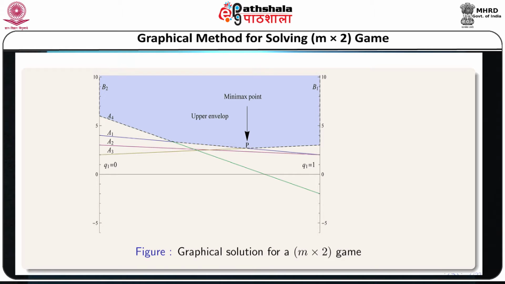The figure shows the shaded region in which the minimax point is the lowest point of the upper envelope, and this minimax point lies at the intersection of line segments A1 and A3.